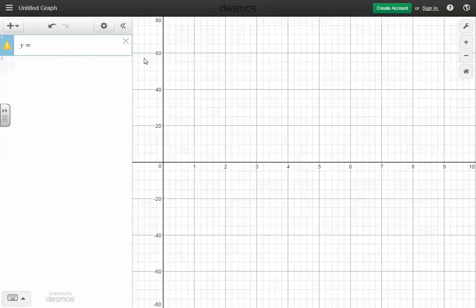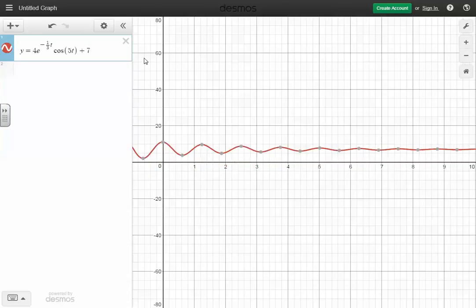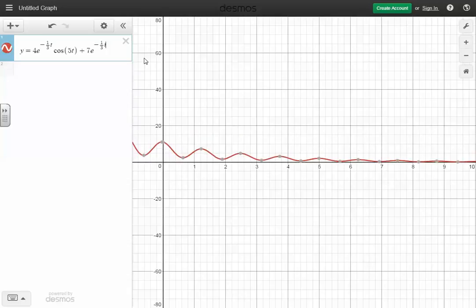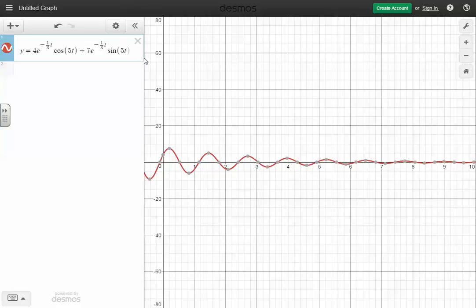So let's do 4 e to the negative 1/3 t, cosine of 5t, and then let's say plus 7 e to the, again, that's always supposed to be the same exponential, times sine, and it's supposed to be the same thing inside the trig function. Yeah, so you see, similar thing. It's going up and down, up and down.